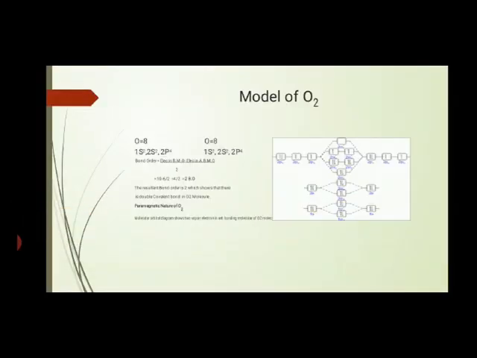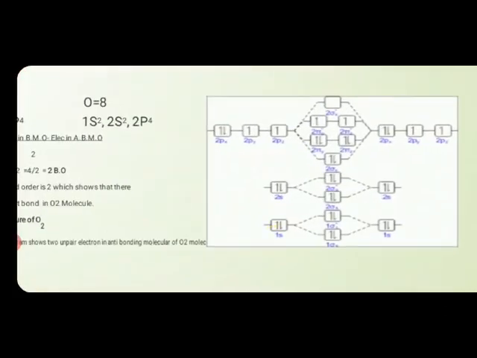Now proceed towards the structure of oxygen. Oxygen has atomic number 8. Its electronic configuration is 1s2, 2s2, 2p4. Now to check its orbital representation, 1s will combine with 1s to form sigma 1s2 and sigma star 1s2.